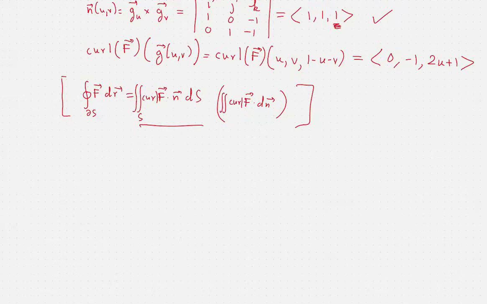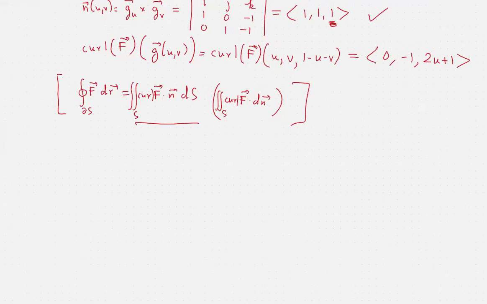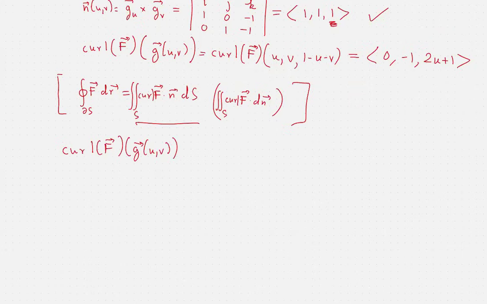Okay, so let's finish the computation. Now things should be straightforward. Let's compute the dot product of the curl with the normal vector. So this will be (0, -1, 2u plus 1) dot (1, 1, 1), which is -1 plus 2u plus 1, which is simply going to give us 2u.